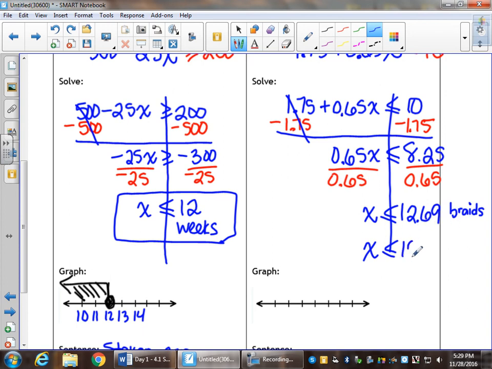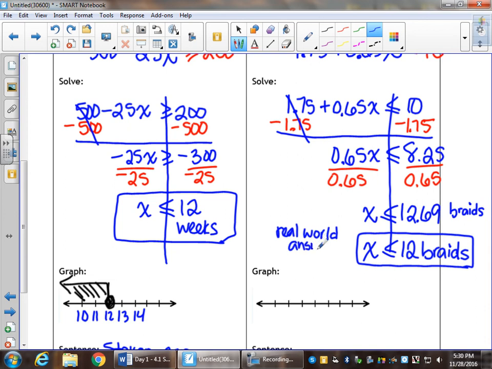So we need to actually round this down to 12. If you don't have enough to make 13, then all you're going to get is 12.